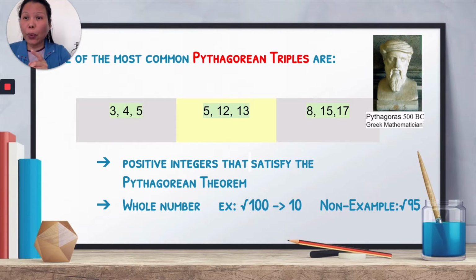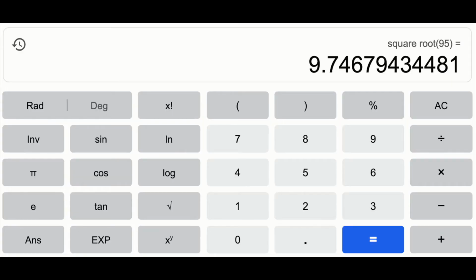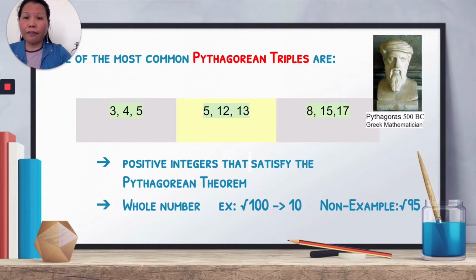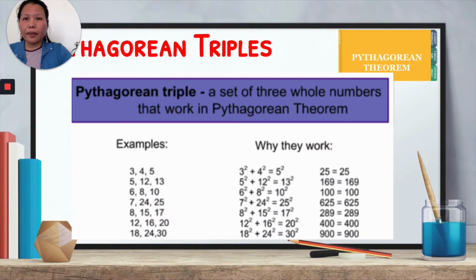Even though it's a square root of 100, if you simplify, you still get 10, a whole number. But the non-example we give you right here is the square root of 95. When you simplify, you cannot get a whole number like 10 or 9 or 5. You are going to get a decimal if you put that square root in the calculator. So that is a non-example of Pythagorean triples or whole numbers.